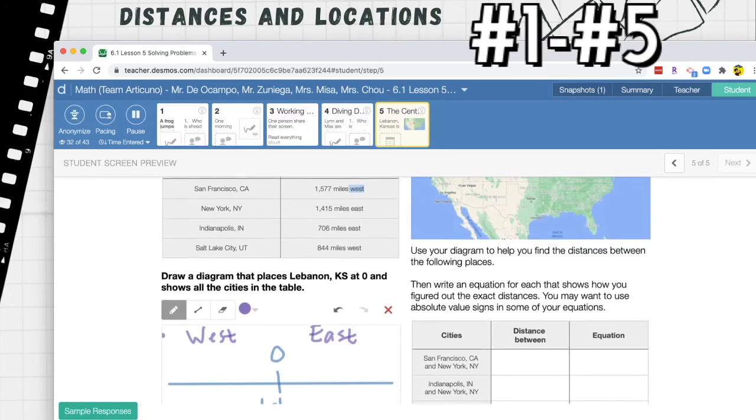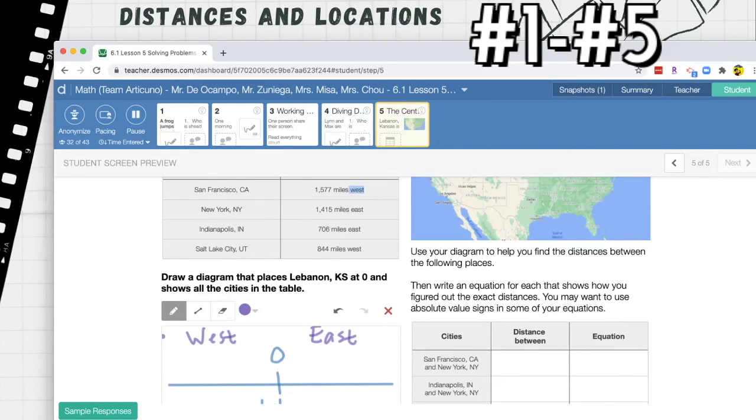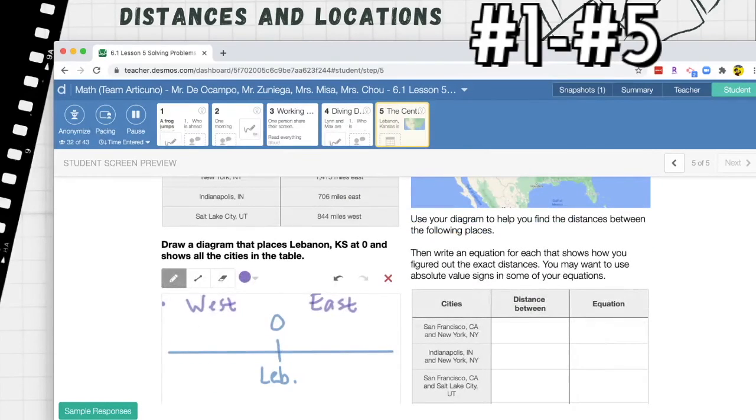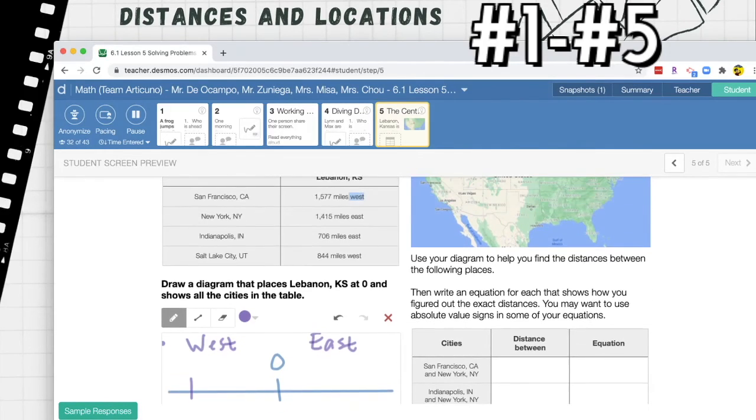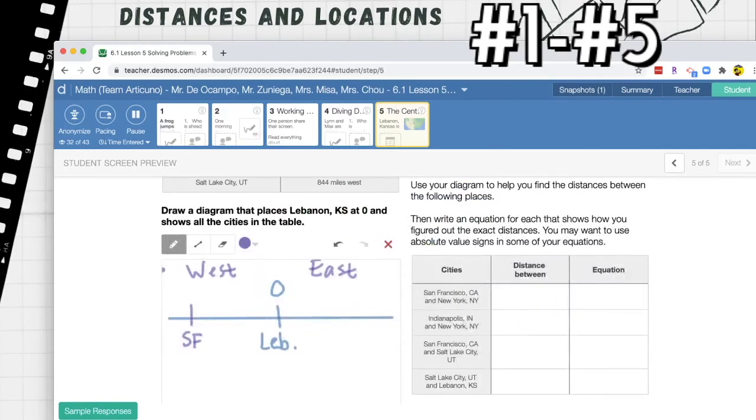Now, since San Francisco is in the west, are we talking about negatives or positives? We're talking about negatives, so I'm just going to estimate San Francisco to be here. And since we're talking about negative 1,577, we're going to write negative 1,577.